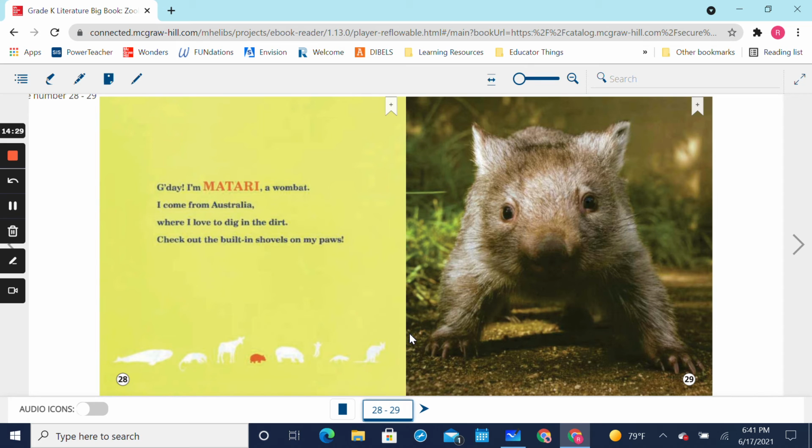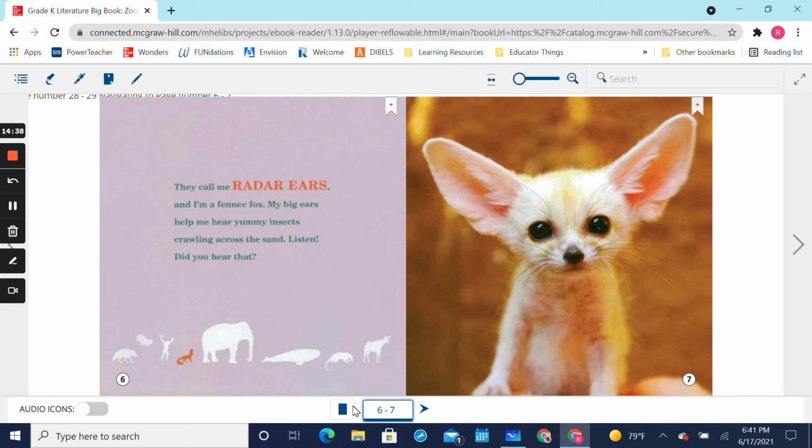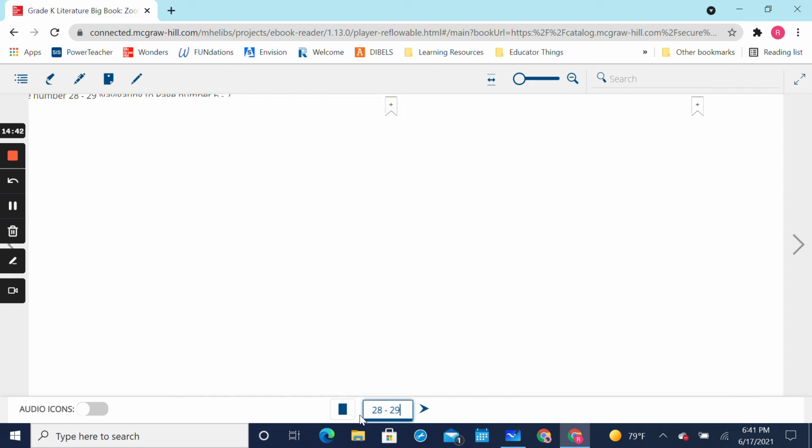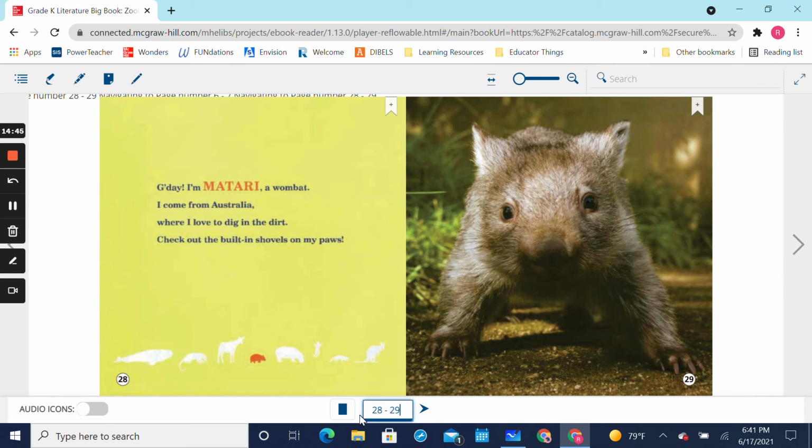How are they different? How is a wombat different from a fennec fox? Here's our fennec fox, and here's our wombat. Let's keep going.